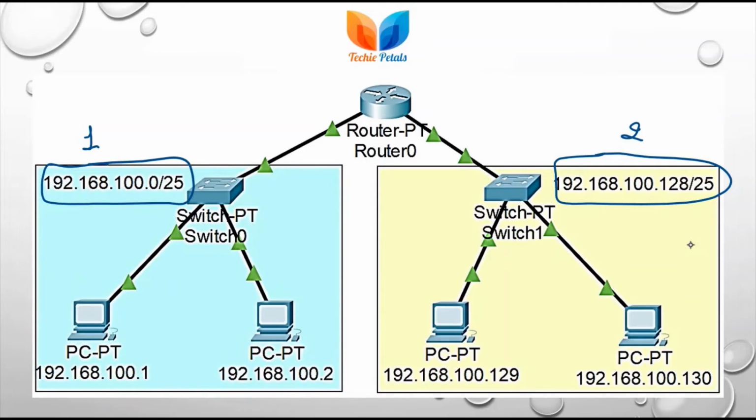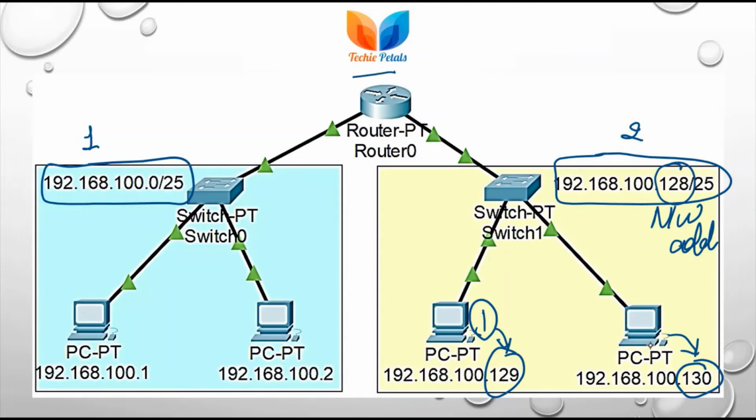As I have provided .1 to the first PC, .2 to the second host. Similarly, in this network the starting address, the network ID, is 128. So the first address is 129. This is the first host with address 129, and this is the second host with address 130. All these addresses should be in sequence only.